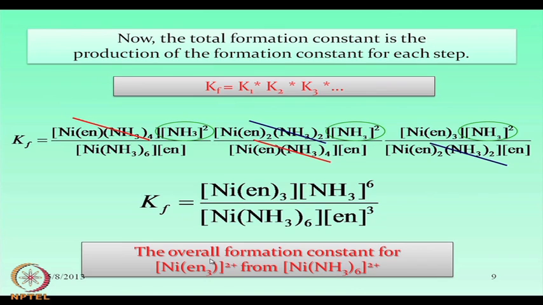So, the overall formation constant for Ni(en)3 2+ from Ni(NH3)6 2+ can be directly written like this, as the Kf value, once we write the direct reaction of Ni(NH3)6 2+ with ethylenediamine in the presence of ammonia and the formation of the corresponding Ni(en)3 molecule.